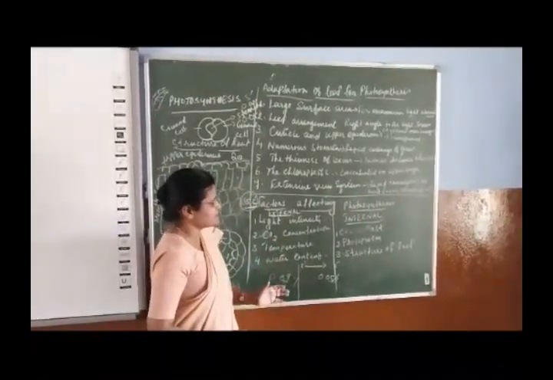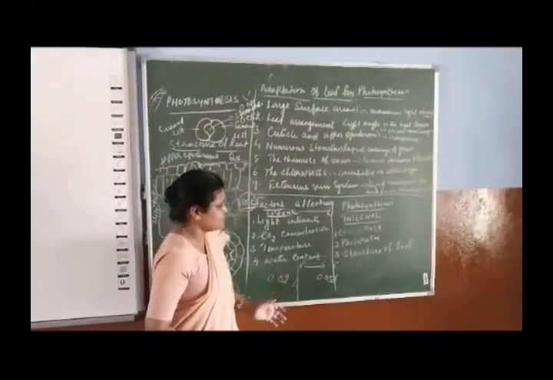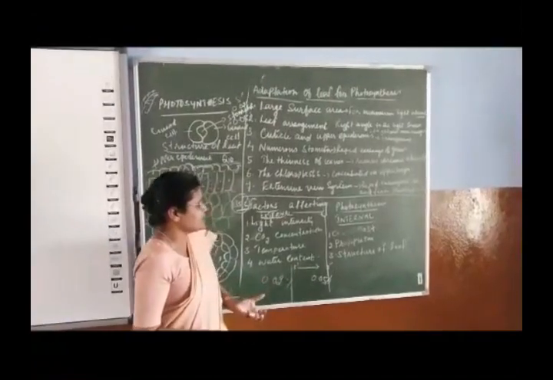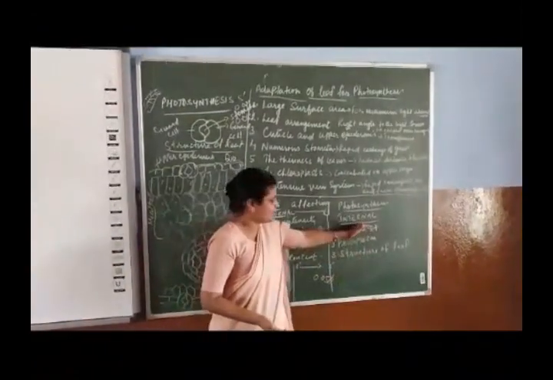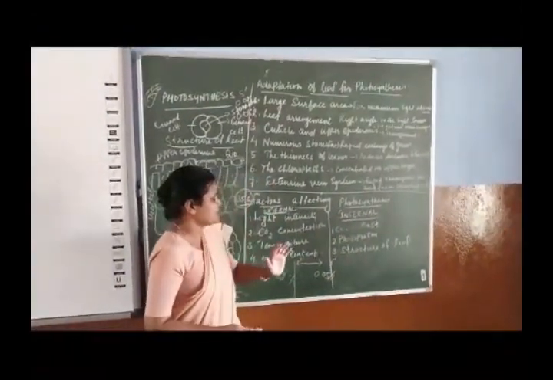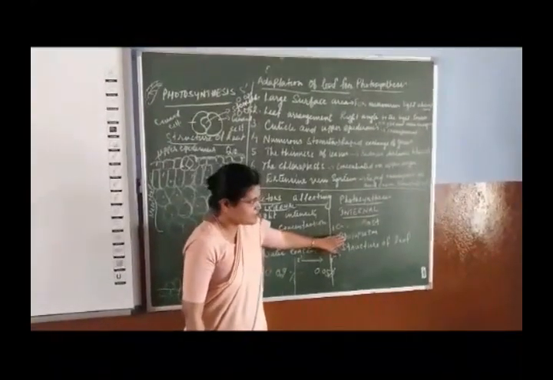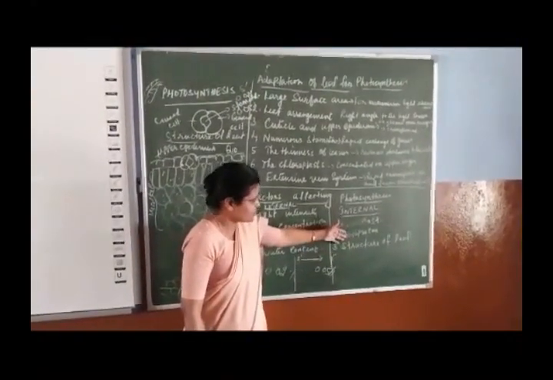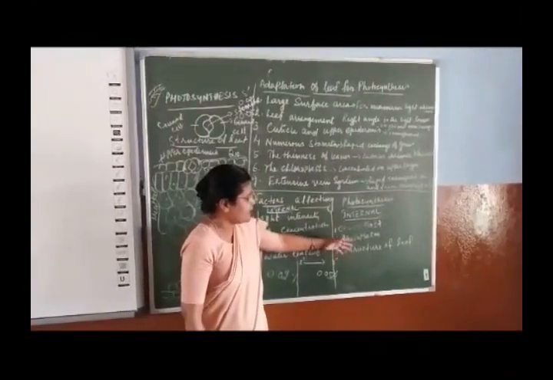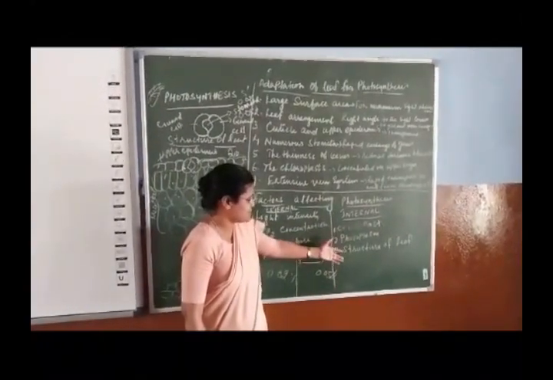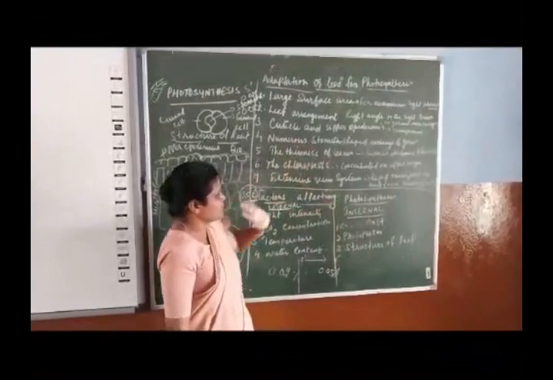If the chloroplast is not healthy, it has not got sufficient mineral element, it will not be efficient in taking part in photosynthesis. Protoplasm, I told you, depends on dehydration and hydration, as well as presence or absence of starch, and structure of leaf, we have already done that.